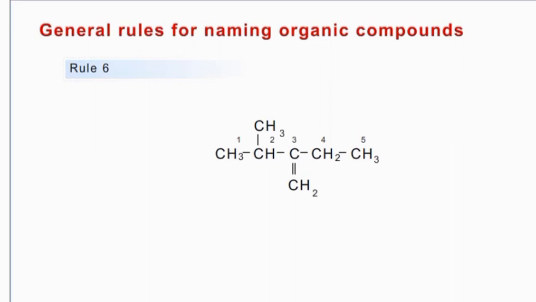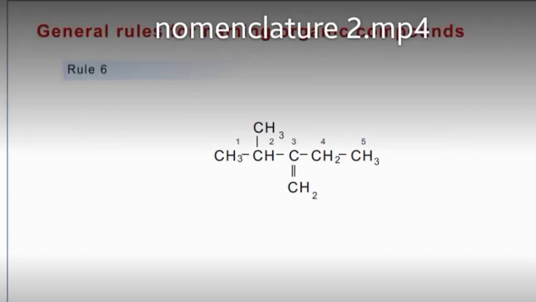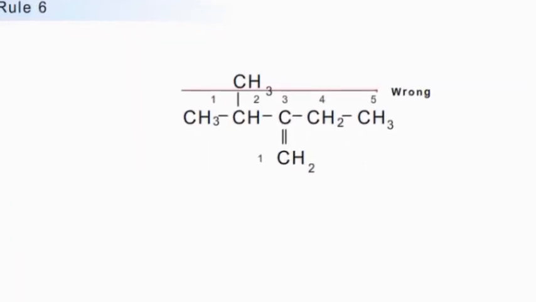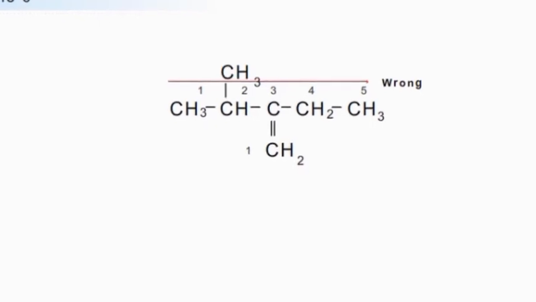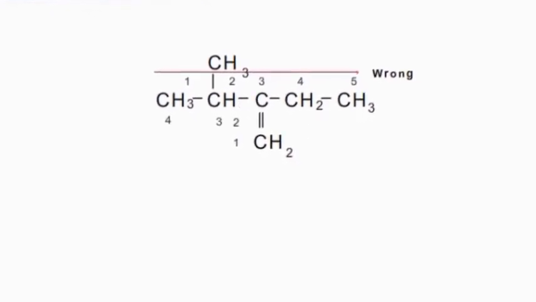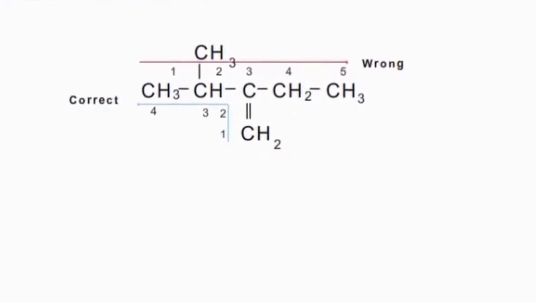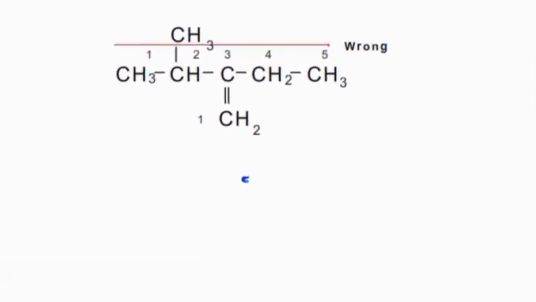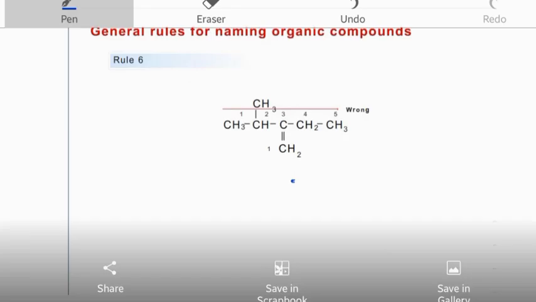In reality, you have not chosen the correct carbon chain to represent the root word of this compound. Please look at that. This is wrong, and the right one is this one. Why is this the right one?